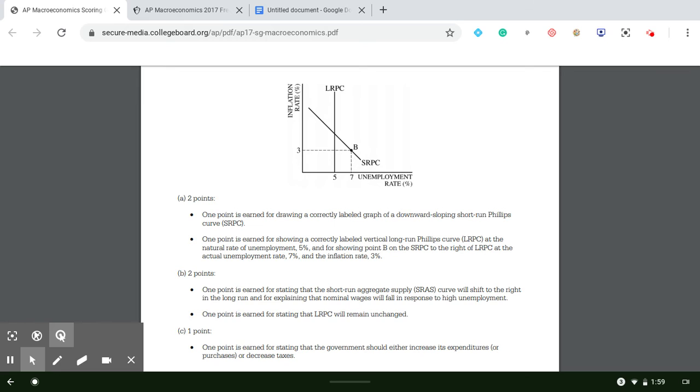One point is earned for saying that the short run aggregate supply will shift to the right in the long run, explaining that nominal wages will fall in response to higher unemployment. I read that wrong, I'm so sorry.